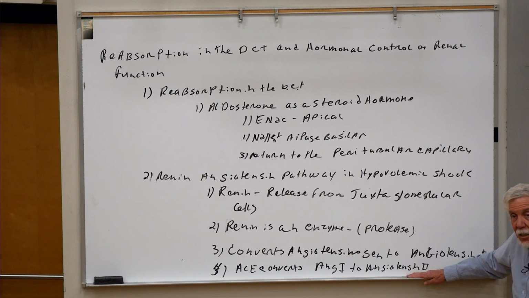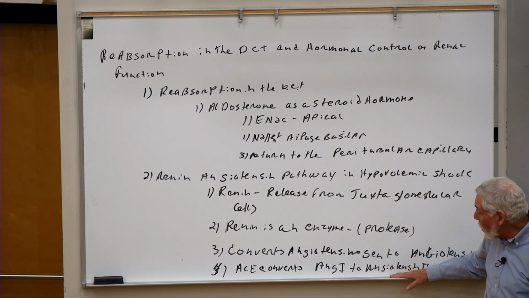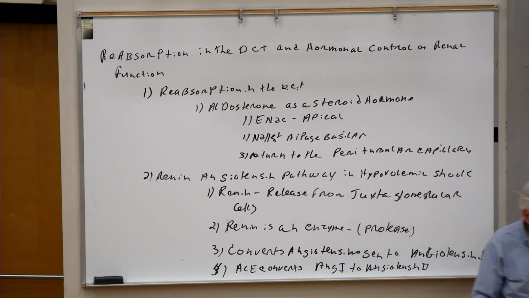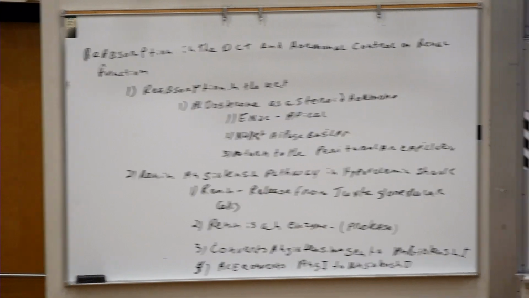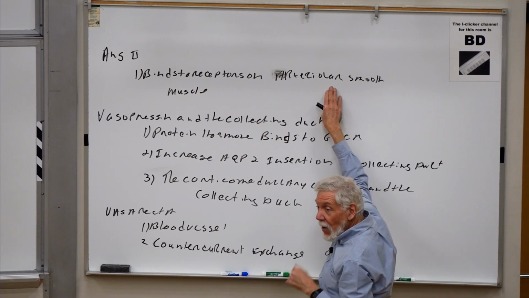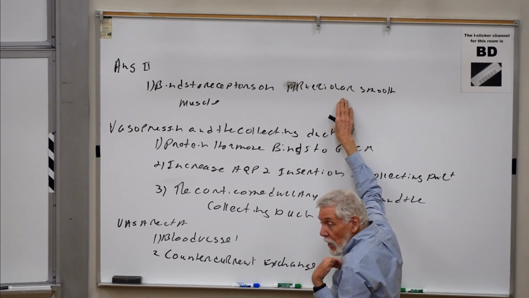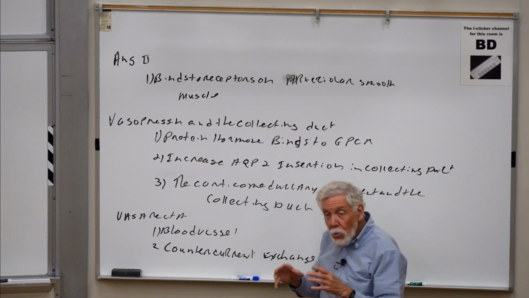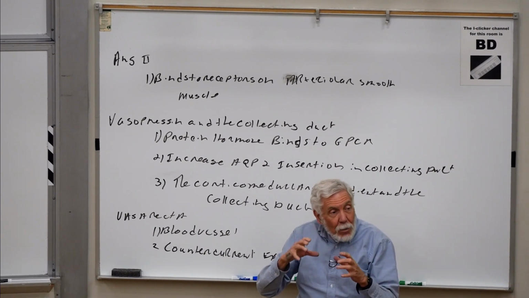Angiotensin 2 is the active molecule, and by the time we clip out these last couple of amino acids from angiotensin 1 to make angiotensin 2, that angiotensin 2 can now bind to receptors on arteriolar smooth muscle. The effect of angiotensin 2 binding to these receptors is to cause these muscles to contract.